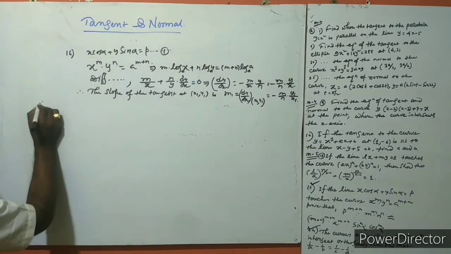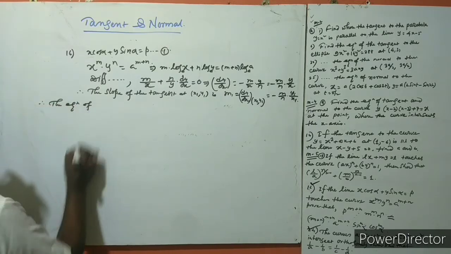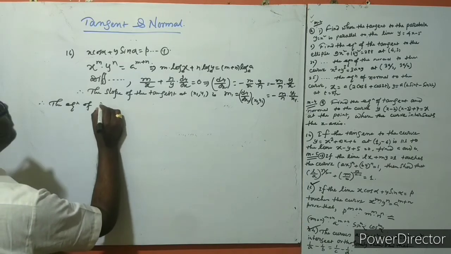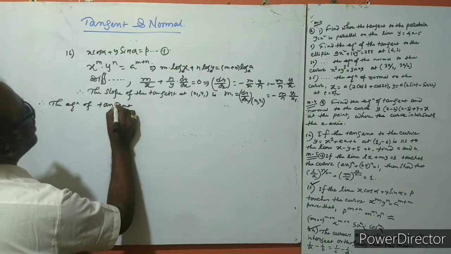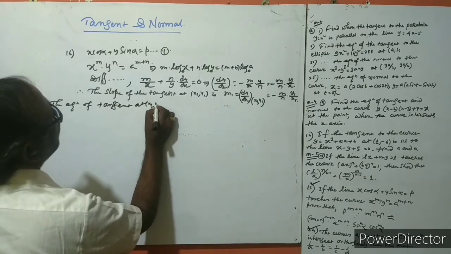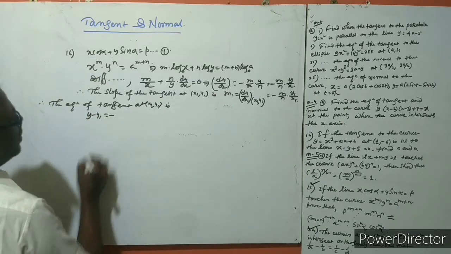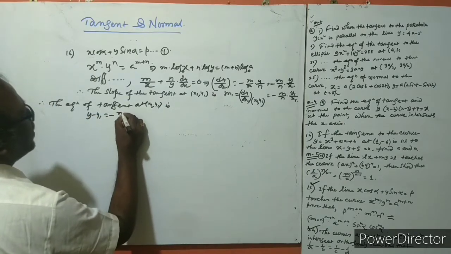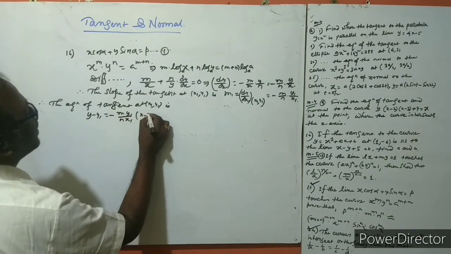Therefore the equation of the tangent at x1 comma y1 is y minus y1 is equal to minus m y1 by n x1 into x minus x1 here.